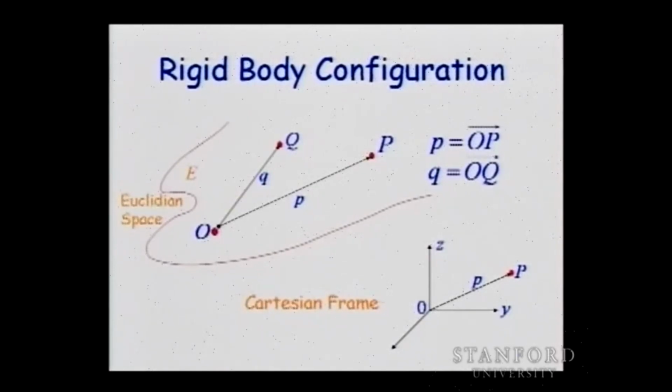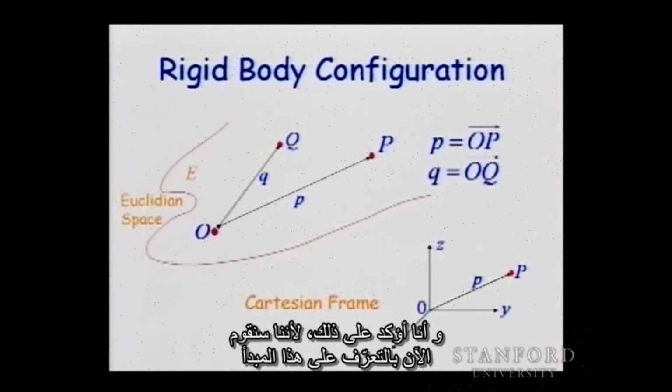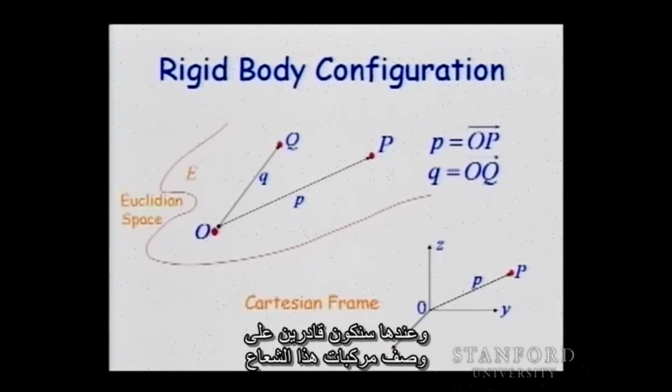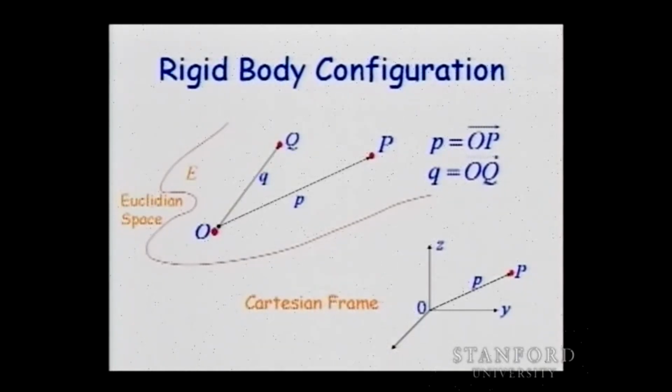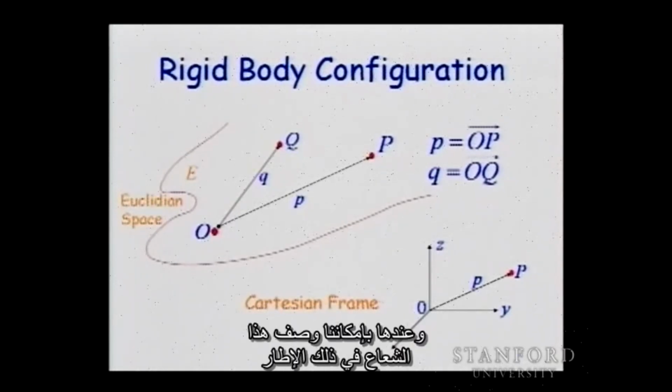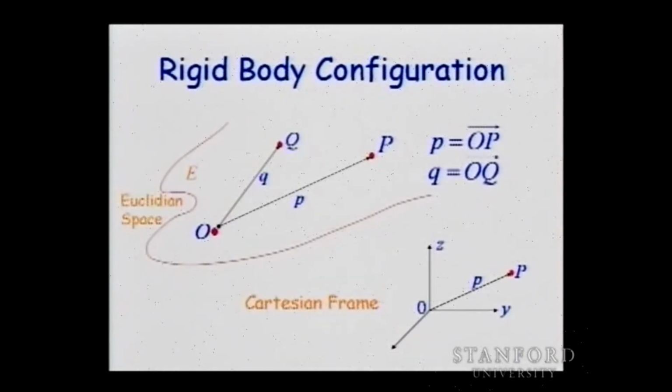Now, I'm insisting on this because now we're going to introduce this origin, and then we will be able to describe the vector components. So the vector is independent of x, y, and z, of which frame we are taking. Now we're going to put a coordinate frame, and then we can express this vector in that frame. If I change the orientation of the frame, the vector is the same. The coordinates, the components of the vector, will change.